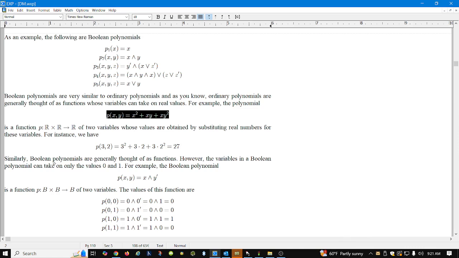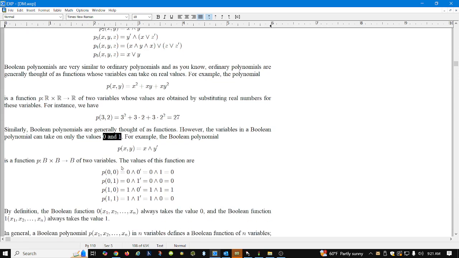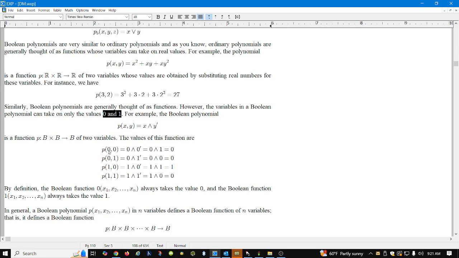Boolean polynomials can also be thought of as functions, but they are functions on the binary alphabet, and they return a bit. So they're functions on 0, 1, and return a 0 or a 1. So for example, this Boolean polynomial is a function from B cross B into B, and here are its values.